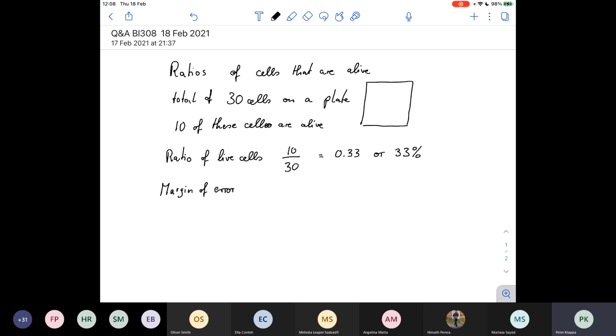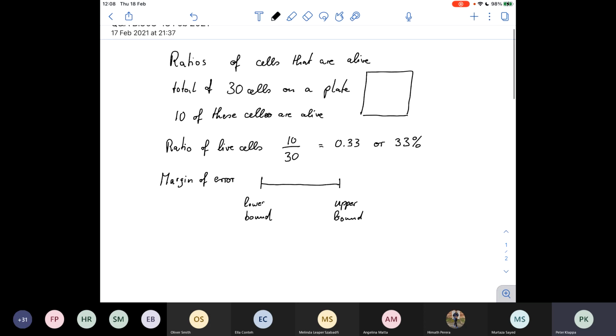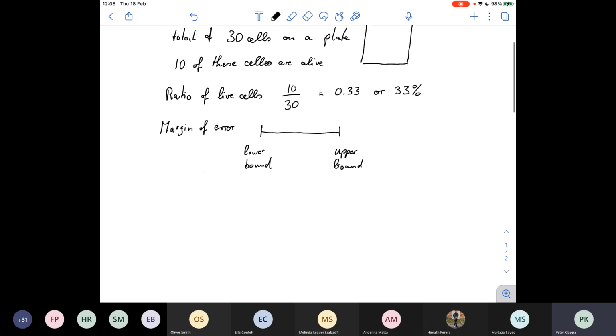But there would be a sort of range in which we would find this ratio. And here we've got the lower bound, and here's the upper bound, where we expect this ratio to be located. What I showed you is that we can determine a ratio by hand.